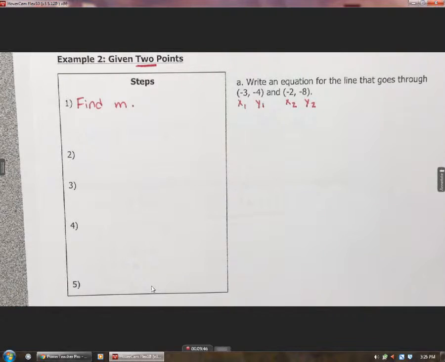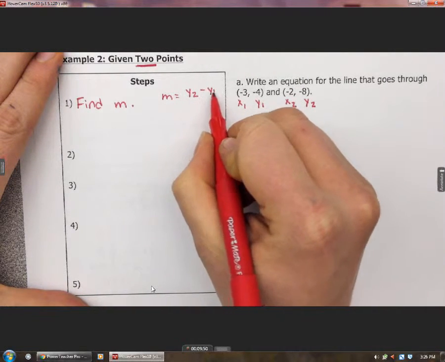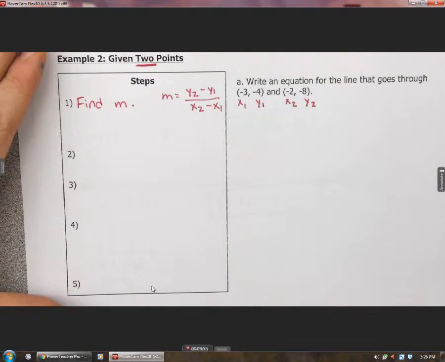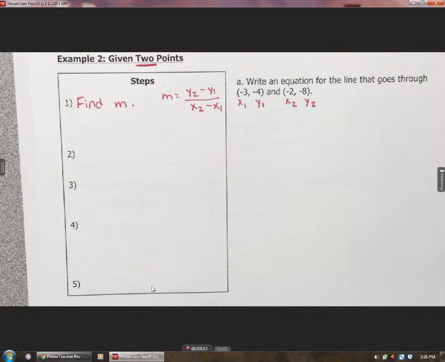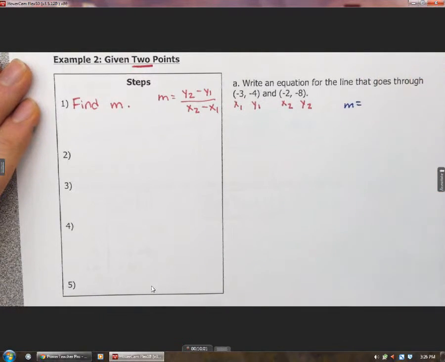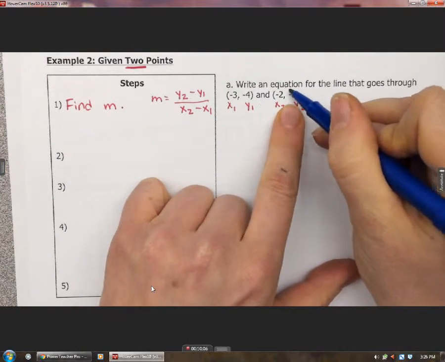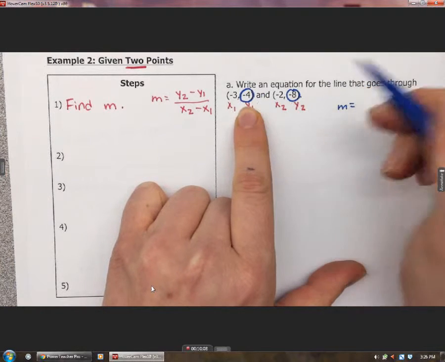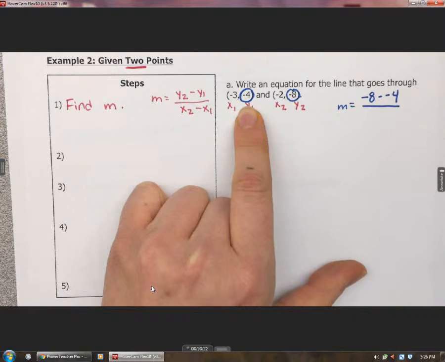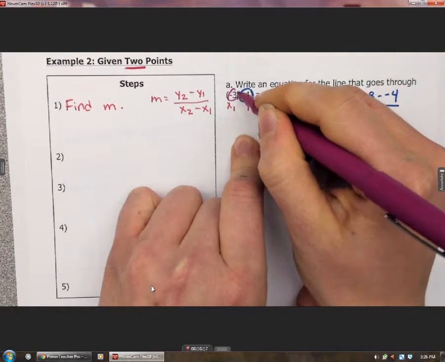Before they told us m. And m is y2 minus y1 over x2 minus x1. So my m, I'm kind of doing it off to the side here. y2 minus y1. This is negative 8 minus negative 4 over negative 2 minus negative 3.